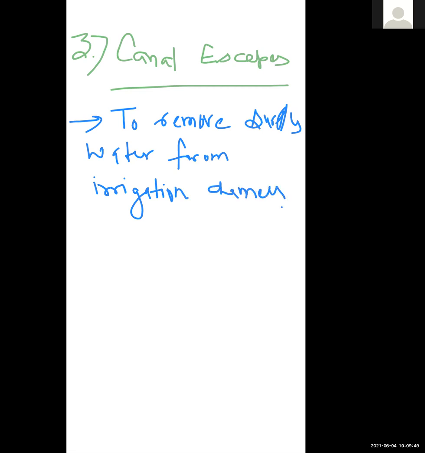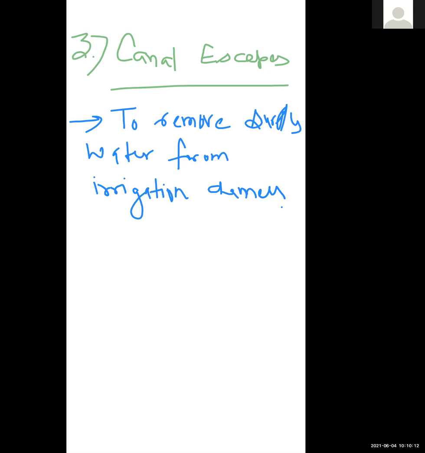Irrigation channels means the irrigation distributary system. And what is the distributary system? The distributary system is the main canal, branch canal, distributaries, minors, water course, and field. These are the distribution system in an irrigation channel.